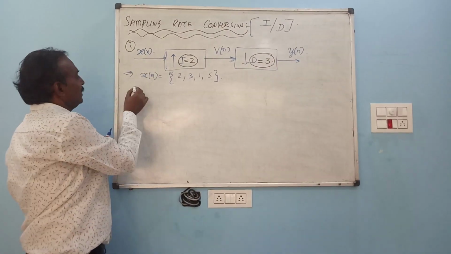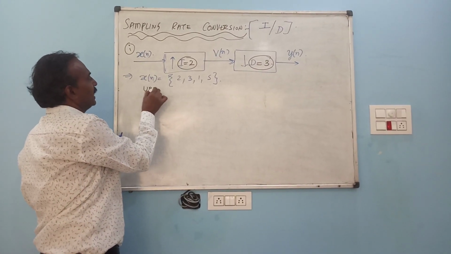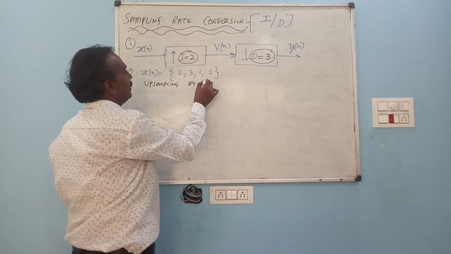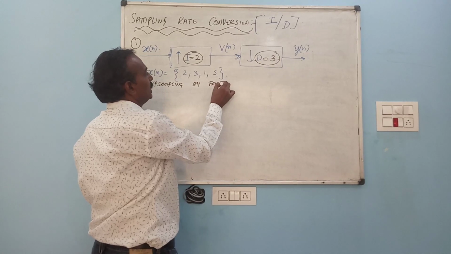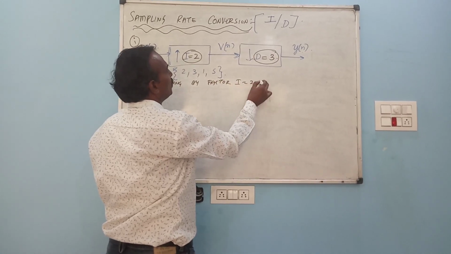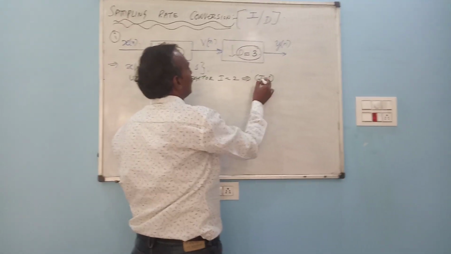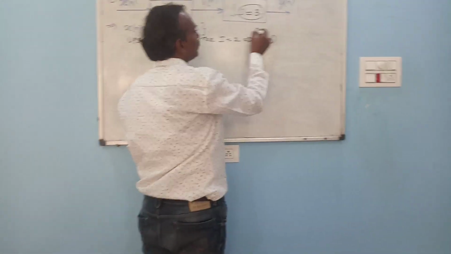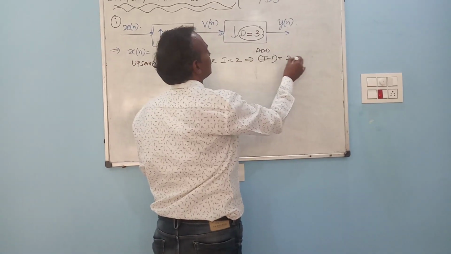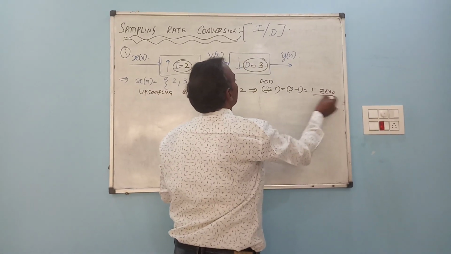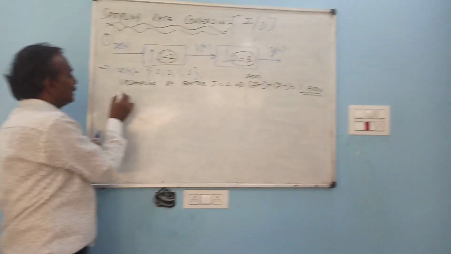So first, upsampling by factor I equal to 2. What is the thumb rule? We add I minus 1 zeros, that is 2 minus 1, which equals 1 zero. So let me add 1 zero in between the given samples.